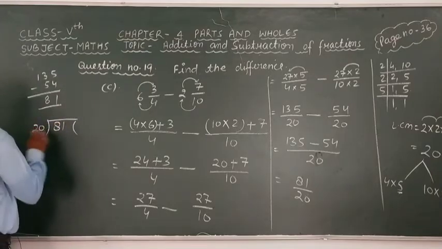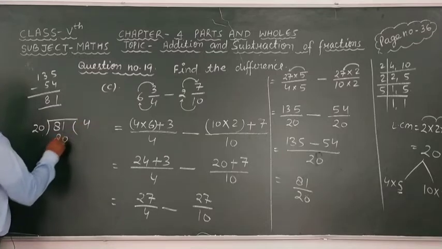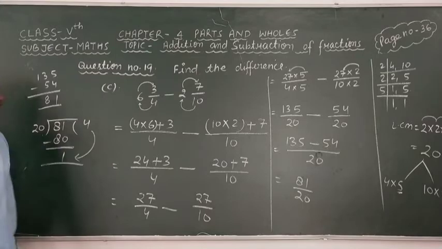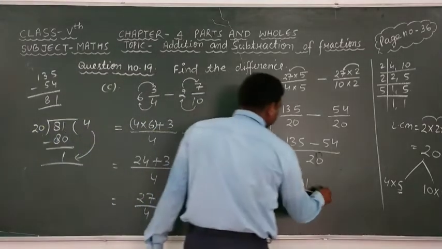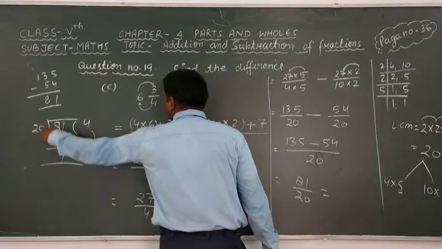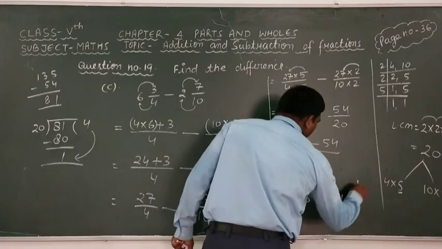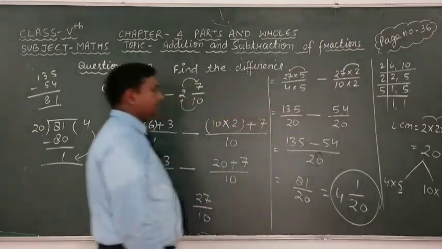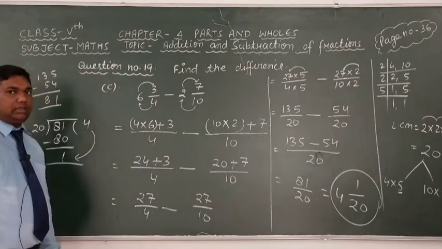We know that 20 4s are 80. After subtracting these we get 1, then the fraction is 4 whole 1 over 20. This is the answer of this question, 4 whole 1 over 20.